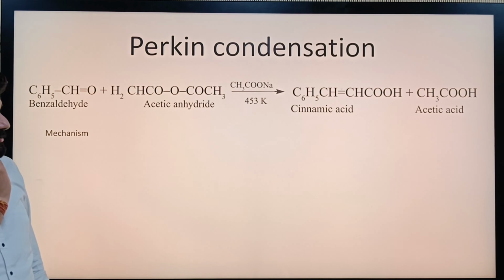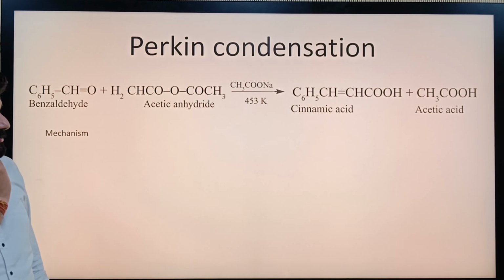If it acts as a base, it extracts the proton from the molecule and converts into acetic acid. And if it acts as a nucleophile, then it will attack the electrophile in the reaction. So let's see what the reaction of this reagent is.